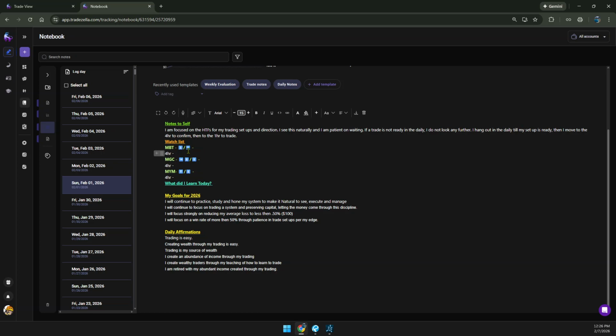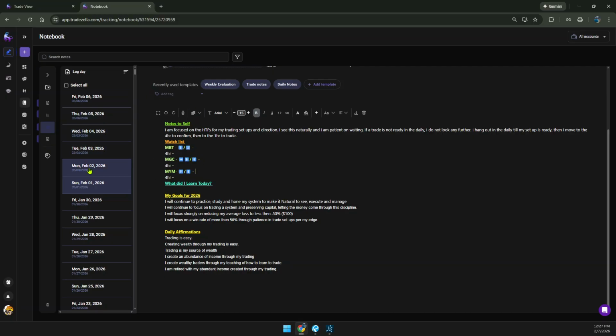So I know MBT is in a downtrend. MYM was an uptrend and down, so that's telling me there's a little confusion on it. I need the daily time frame to match one of these for a direction. MGC is sideways to down and down, so this one I prefer a short. I won't take a long.